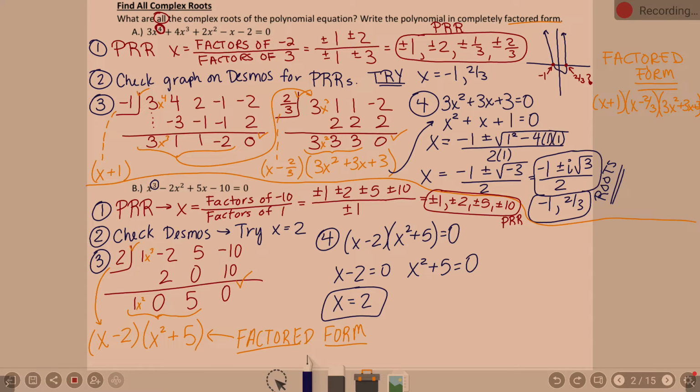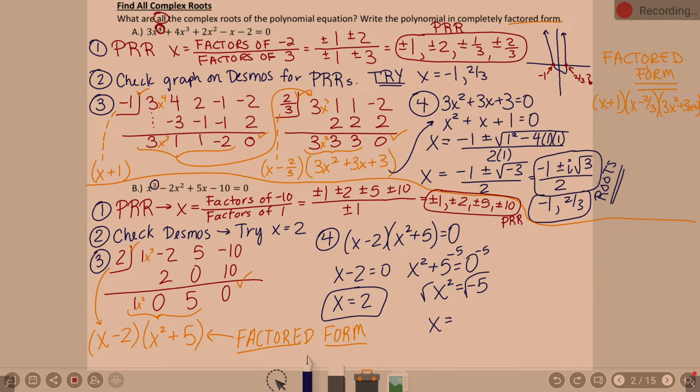But how do we solve x squared plus 5 equals 0? You subtract 5, and then you take the square root. Okay, x squared equals negative 5. And then we will square root. What is the square root of negative 5?